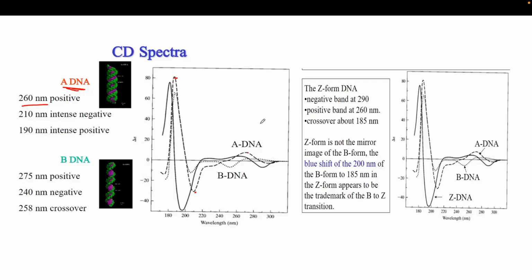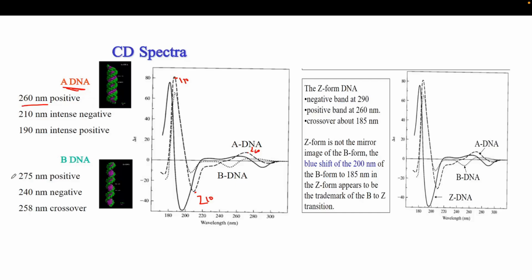So there are two positive peaks, at 190 nanometers and 260 nanometers, and one negative peak at 210 nanometers. That is the characteristic spectrum of A-DNA.